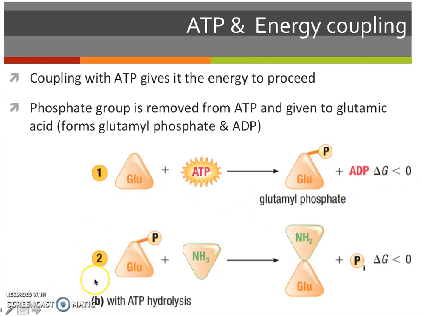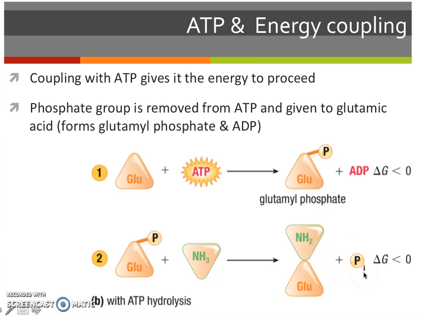Now, if we go to the second reaction, we have the glutamyl phosphate, and then reacting it with ammonia gives you this molecule, and inorganic phosphate.